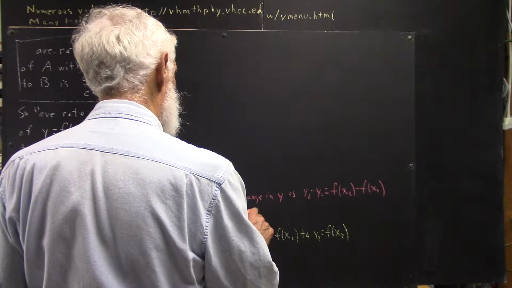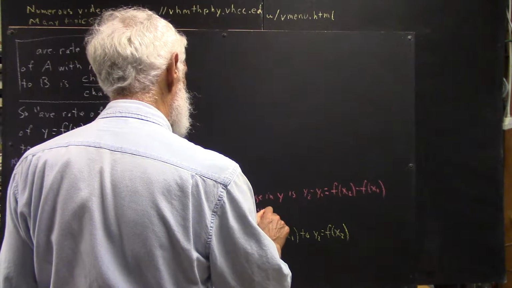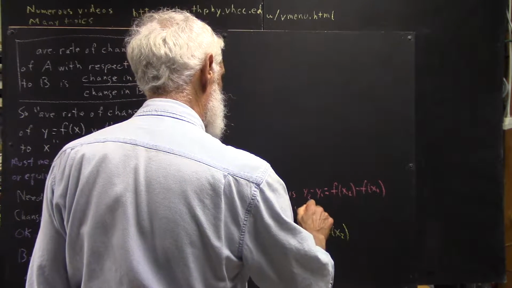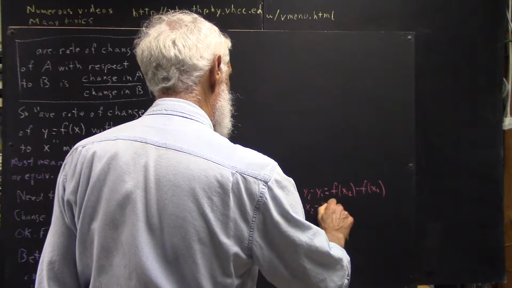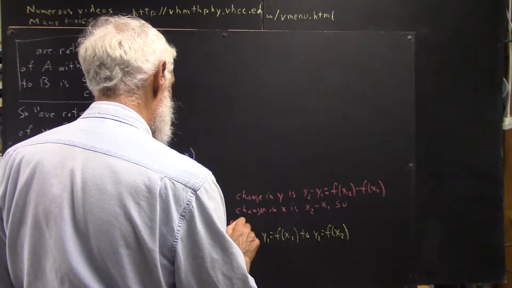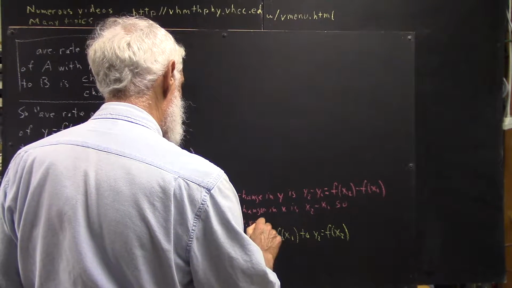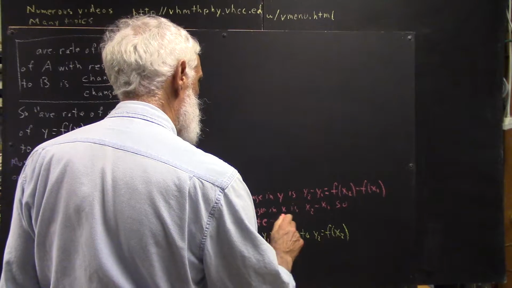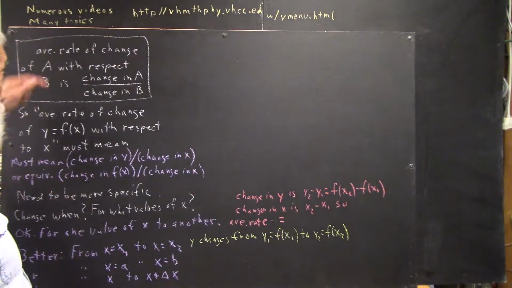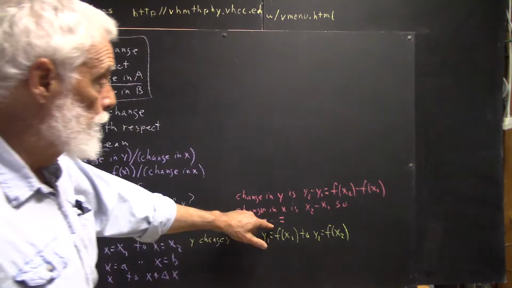A change in x is x2 minus x1. So the average rate, it's actually average rate of change of y with respect to x, because that's all there, but I'll just put the dots down there.